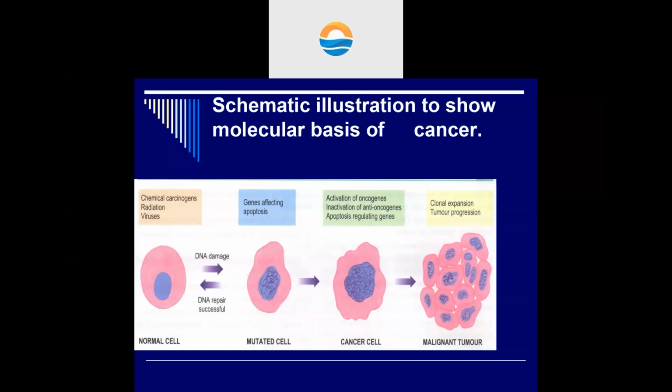All these causes may result in cancer cell formation. And then after that, we have the clonal expansion, tumor progression, and at the end, we have the full malignant tumor.